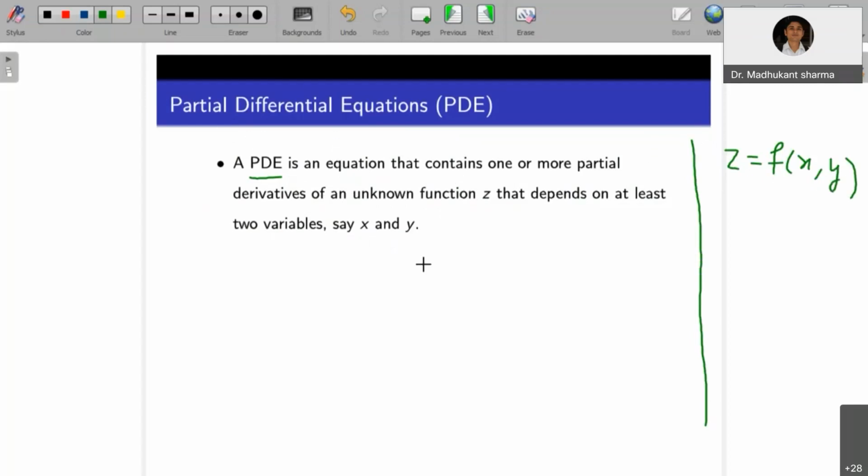So most of the time we will take z as a dependent variable and x and y as independent variables. You can extend to as many as you want, so z depends on x1, x2, x3 and so on up to xn.